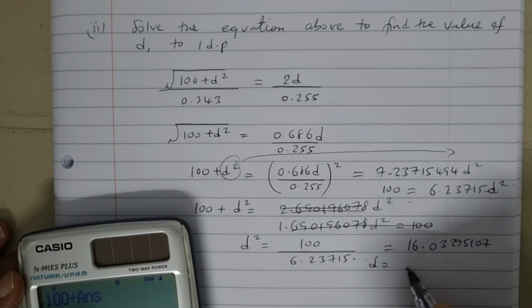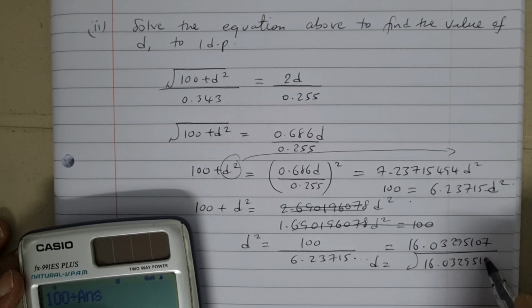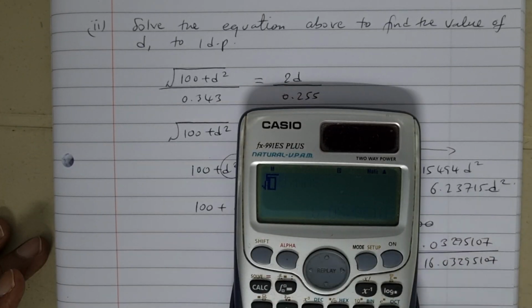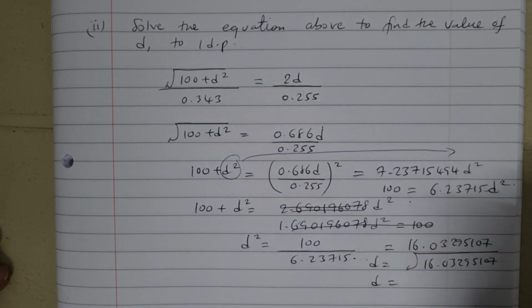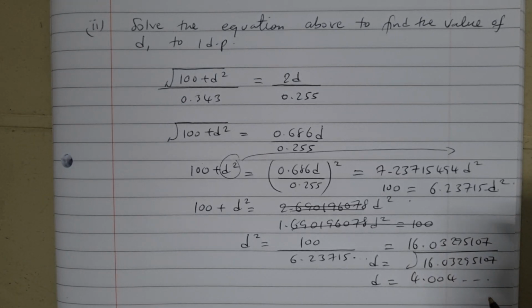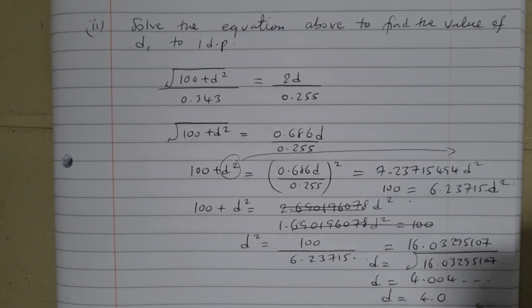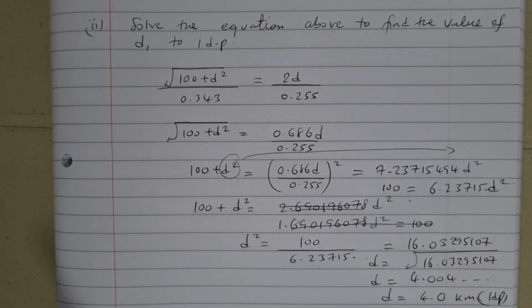So d is equal to the square root of all of that. If you take the square root of this, we get 4.004. So d is equal to 4.004, etc. I can see that d to 1 decimal place is equal to 4.0 kilometers. Here we are, done for this question. Take care.